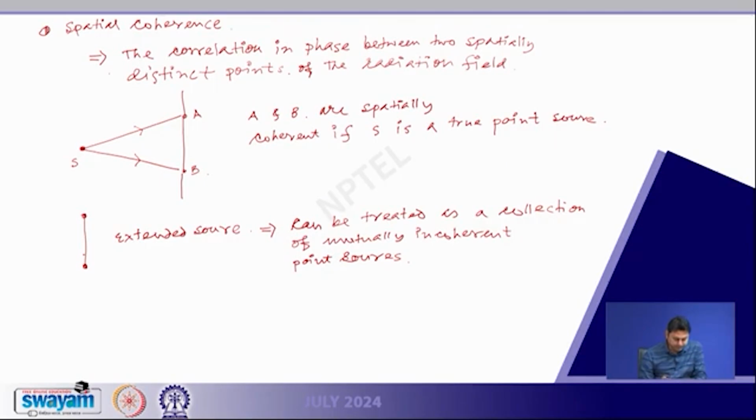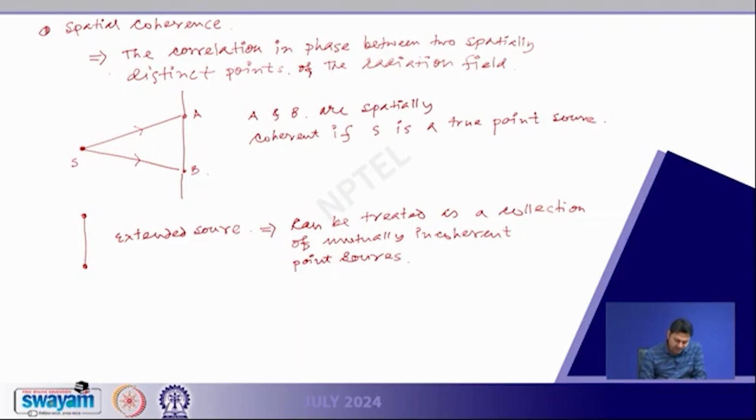So, the lateral dimension of the source over which the radiation remains correlated in space is essentially the measurement of the spatial coherence.